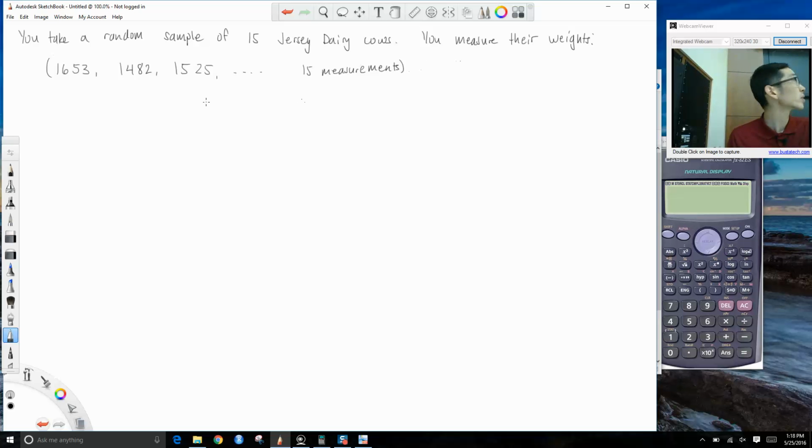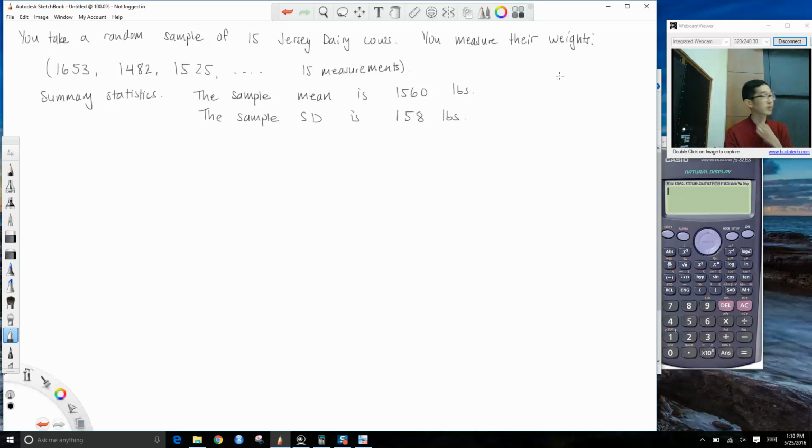We will create summary statistics. The sample mean is 1,560 pounds, and the sample standard deviation is 158 pounds.